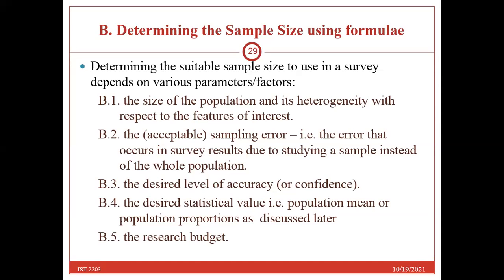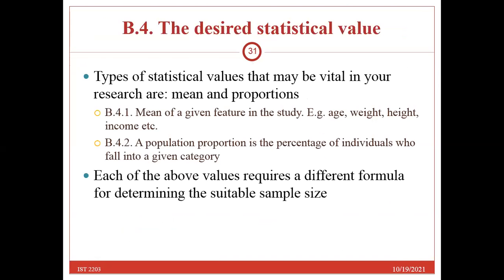So let's look now at how to calculate the sample size using the desired statistical value. I've said that there are two types of statistical values we're looking for. We could either be looking for the mean of a given feature, let's say the mean age, mean weight of the population, mean income.